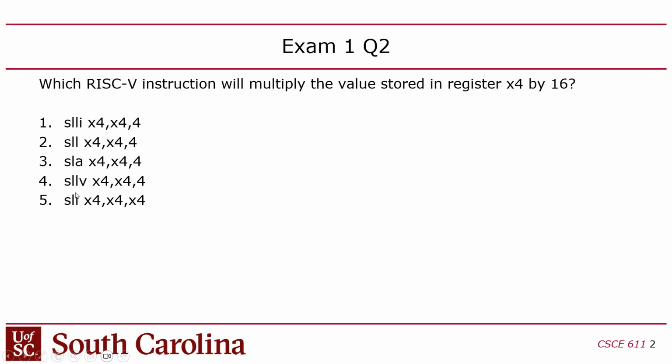Well, that depends. In MIPS, the correct answer would be SLL X4 X4 4. But in RISC-V, it would be SLLI X4 X4 4. This is really obscure. Probably not a great question, but in RISC-V you have to do a shift. In MIPS, the default shift was an immediate shift, and if you wanted to shift by a variable amount, you had to use the V option, SLLV, shift variable.